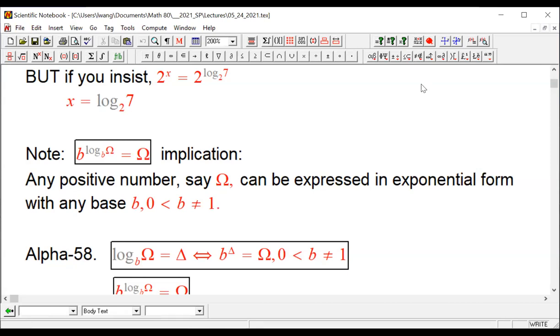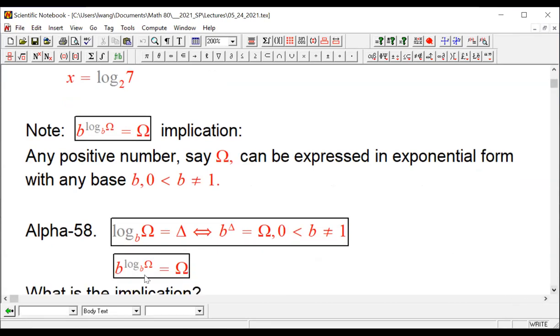This is tremendous because you can write any positive number in exponential form. And so this is the other important implication of that statement.